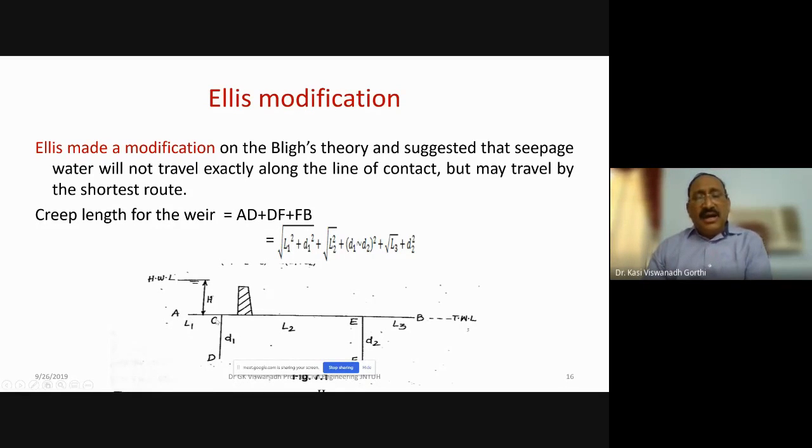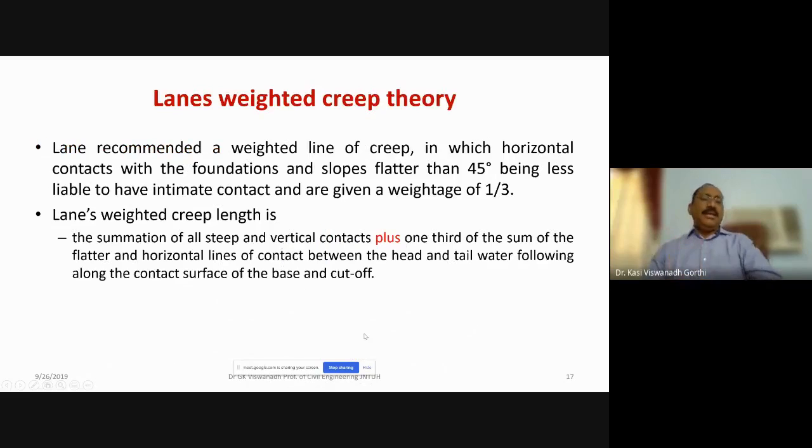If L1 is the horizontal distance and D1 is the depth of cutoff of the sheet pile, then square root of L1 squared plus D1 squared will be equal to AD. Plus L2, and this distance once again is the square root of L3 squared plus D2 squared, as provided by Ellis.